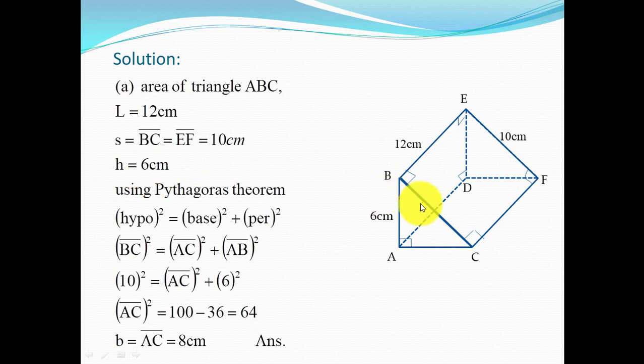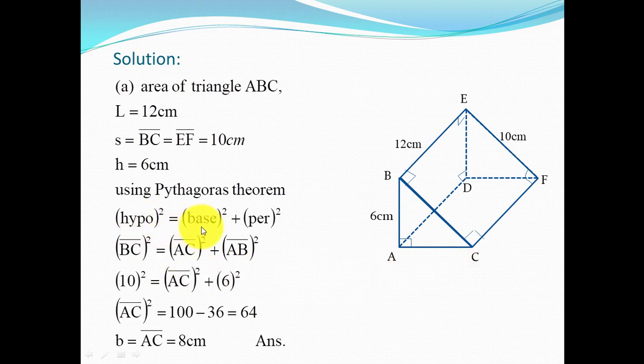And the height, what is the height? This height is 6 centimeters. This one, AB and DE, both are the same. Using the Pythagoras theorem, now we have to find this one. We have a height and we have a hypotenuse, but we have to find the value of the base, so we use the Pythagoras theorem.